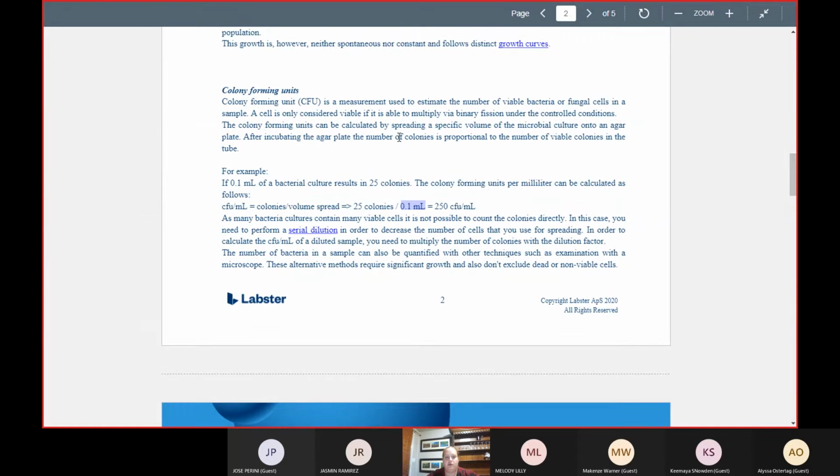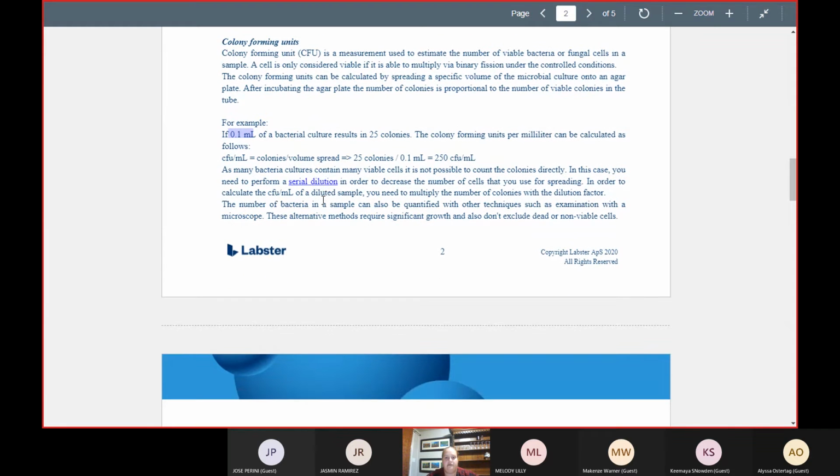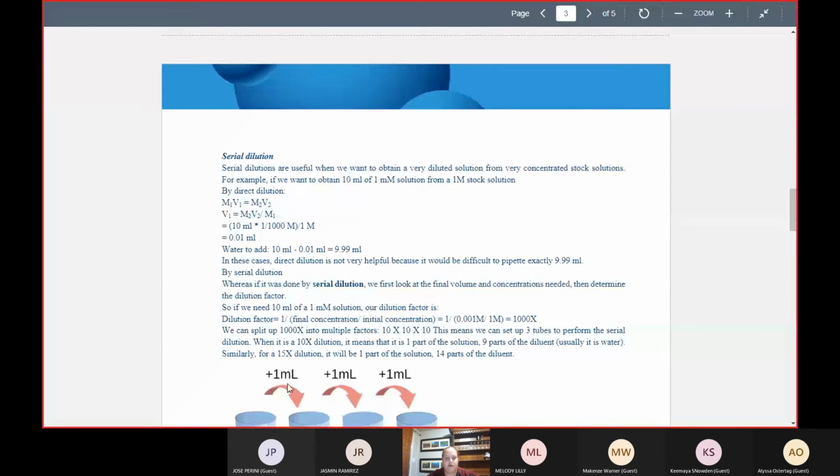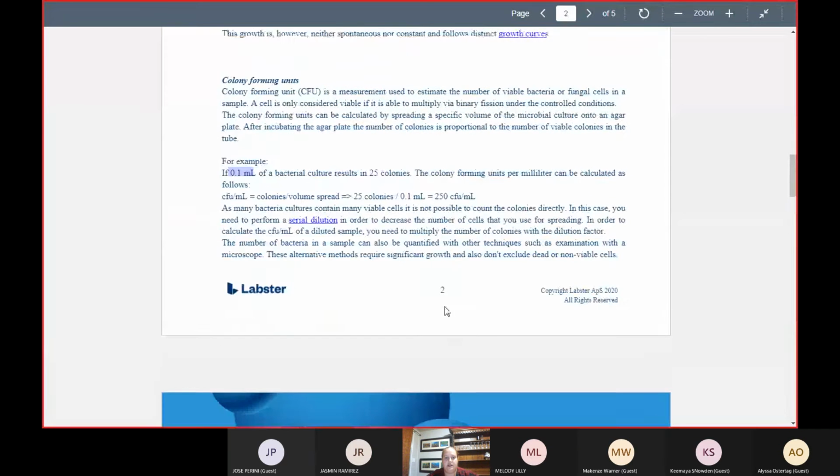So there are three different things we're looking at. CFU per milliliter can be calculated essentially as the number of colonies divided by the amount that you plated, and then that can be multiplied by the dilution factor, which is shown here in the serial dilution section.